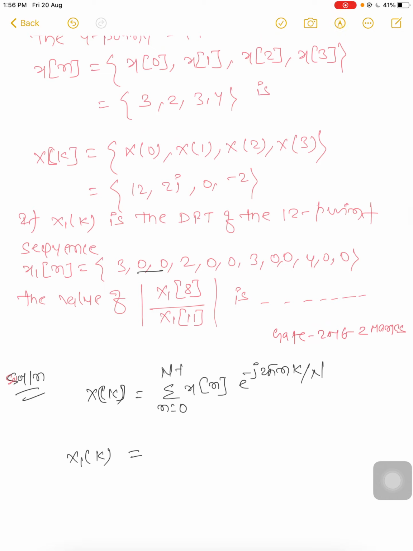It will repeat your Xk 3 times, because the summation will always be the same, meaning the summation of xn is always the same.